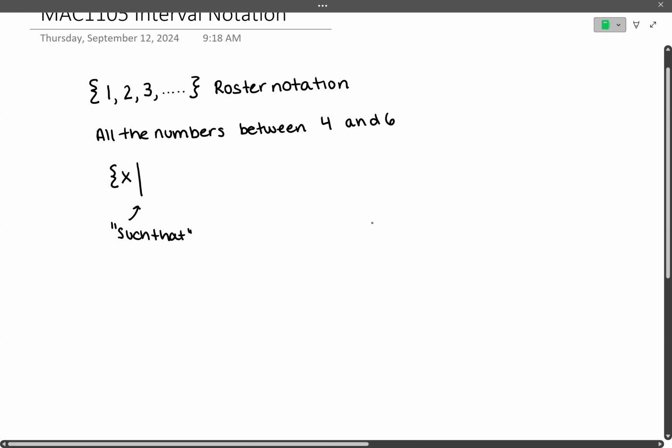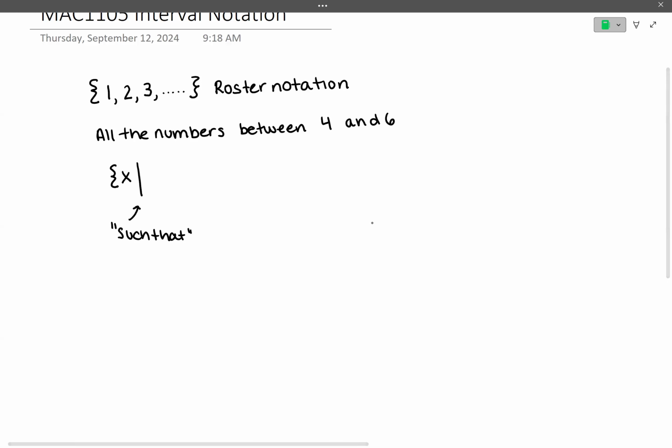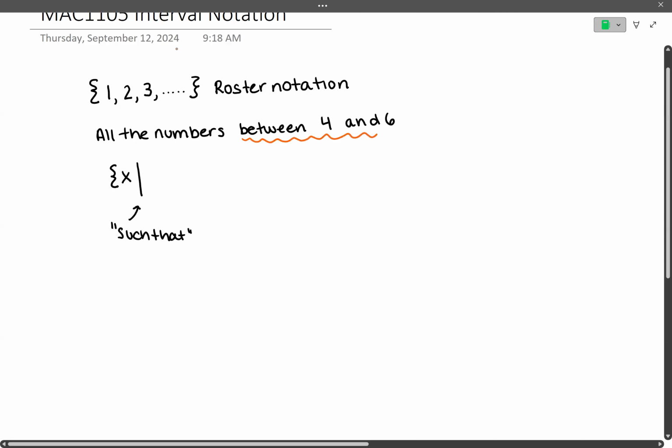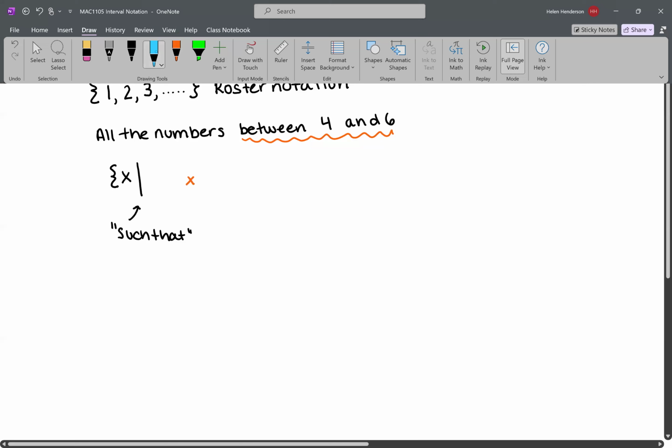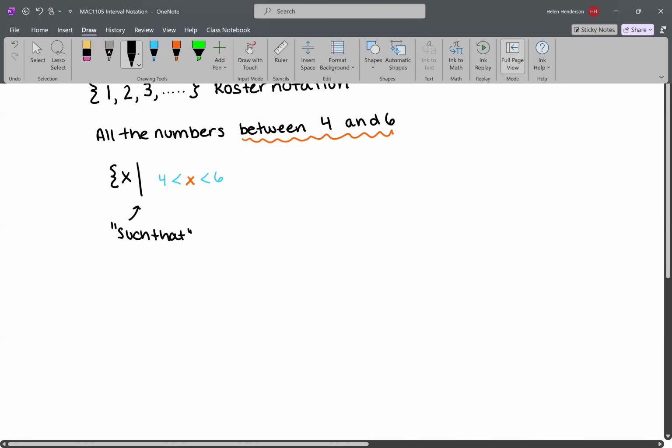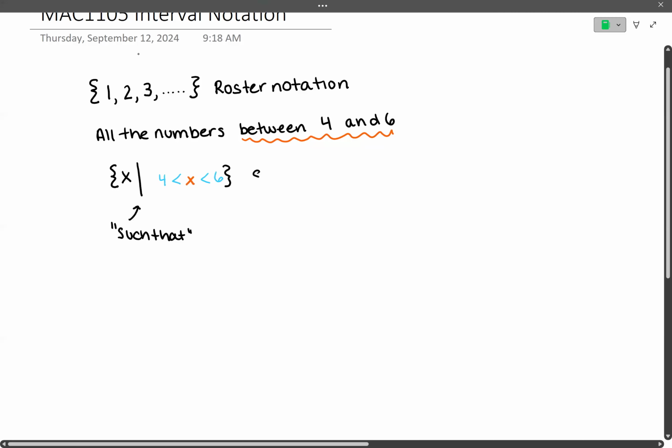But what it means is, hey, I'm going to list all the properties of the numbers that x is allowed to be. And so if I want x to be between 4 and 6, x has to be both bigger than 4 and less than 6. So this is called set builder notation.